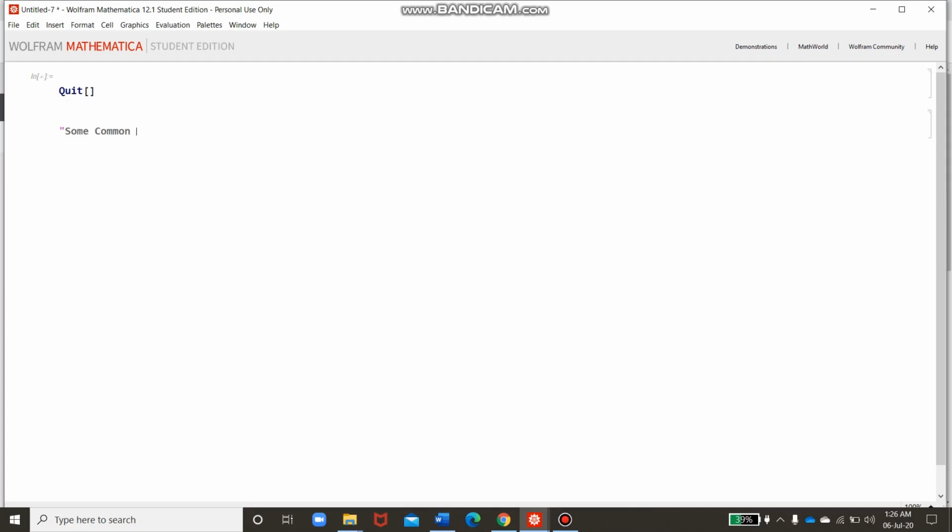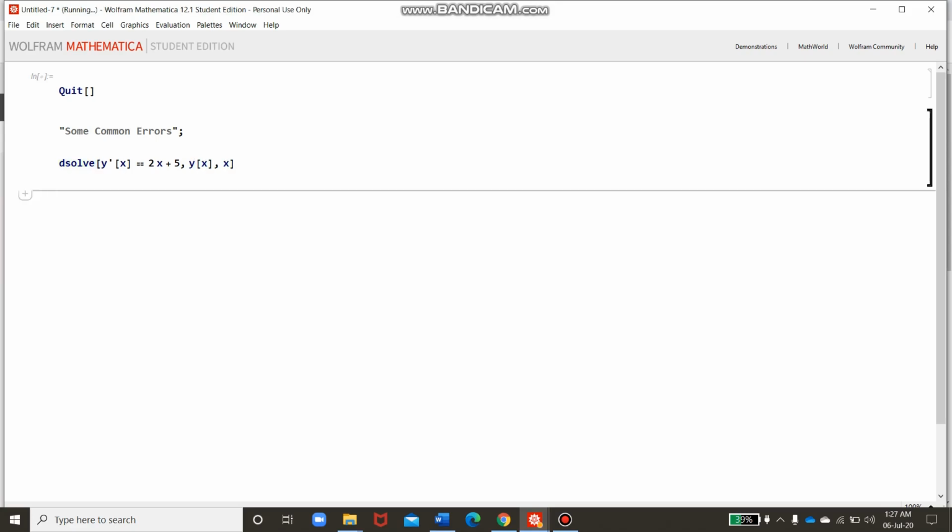While we use the DSolve function, suppose we use desolve y dash x, but this is just a random example that I'm giving, 2x plus 5 comma y of x comma x.